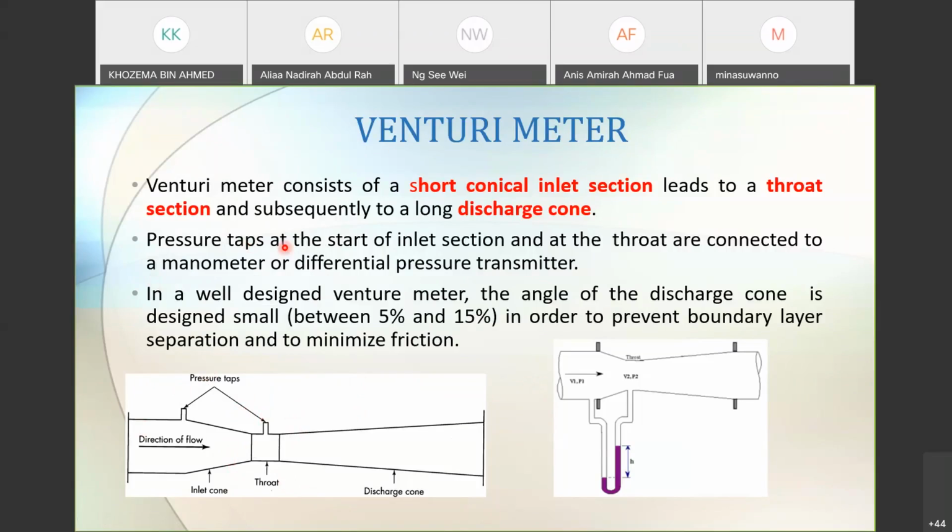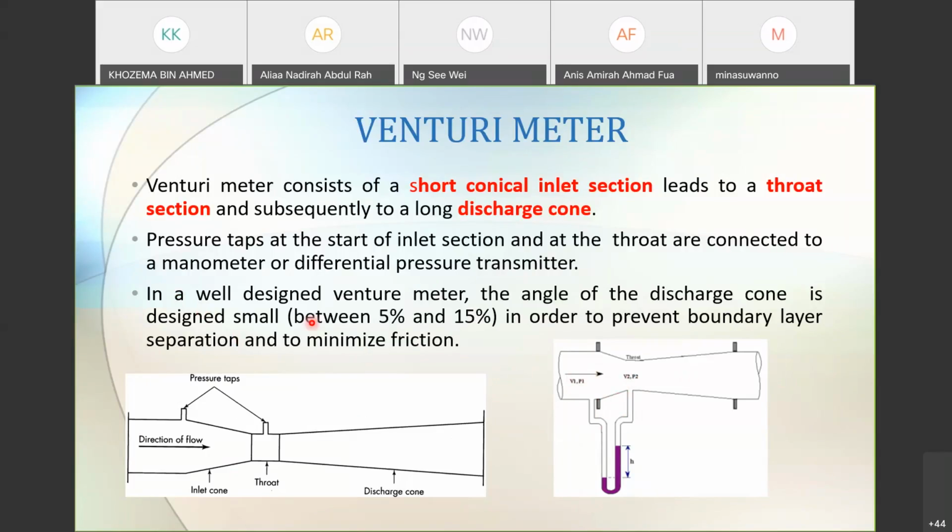Pressure taps at the start of the inlet section and the throat section are connected to a manometer or differential pressure transmitter. The first tap will be located here at the inlet section, and the second tap of the manometer will be located at the throat section. The manometer will be used to measure the velocity or the flow rate of the fluid flowing in the venturi meter.